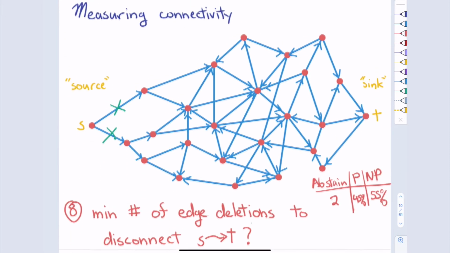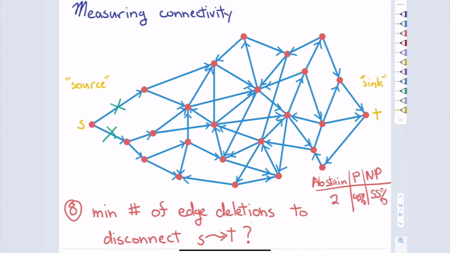The dual problem was the minimum ST cut. So here the goal is to delete as few edges as possible, so I can't go from S to T anymore in the remaining graph. Here the solution was 2, which also told us that our previous solution for packing paths was optimal.